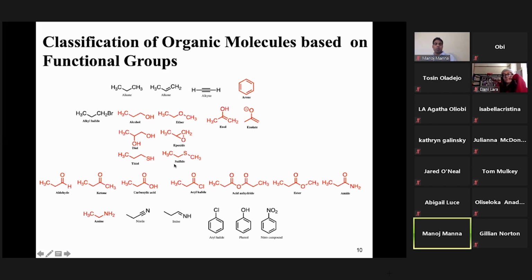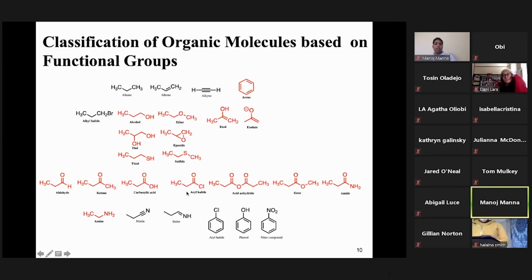So this one is called epoxide. In organic chemistry 1, we learn details about alkane, alkene, alkynes, these three classes of molecules, then acyl halide fourth, alcohol fifth, ether sixth, and epoxide seventh. We don't have any opportunity to talk about arenes or those other things, which you have in organic chemistry 2.